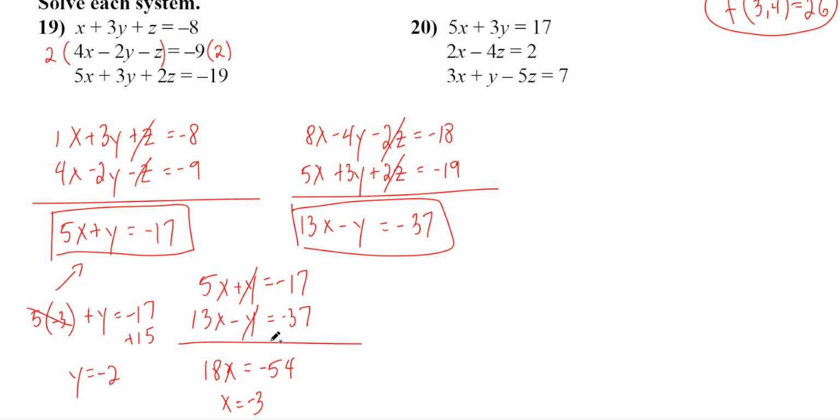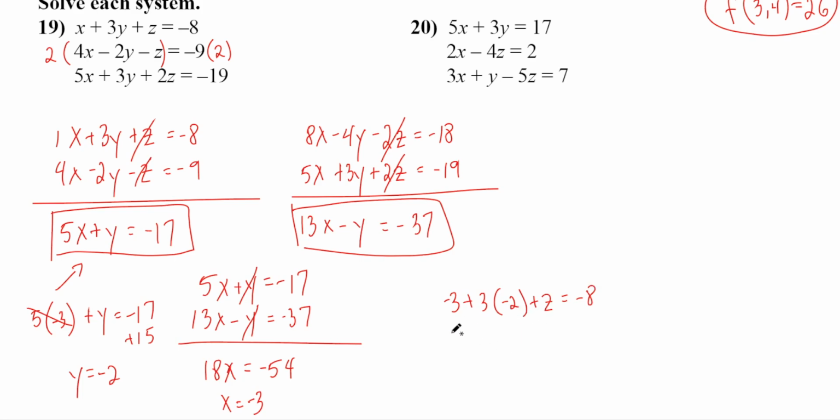Now I've got to find z. I would go with the first equation, because z is already by itself and already positive. So I rewrite it: x, which is negative 3, plus 3y, which is 3 times negative 2, plus z, equals negative 8.